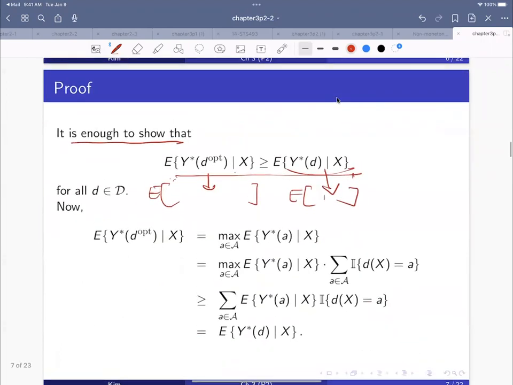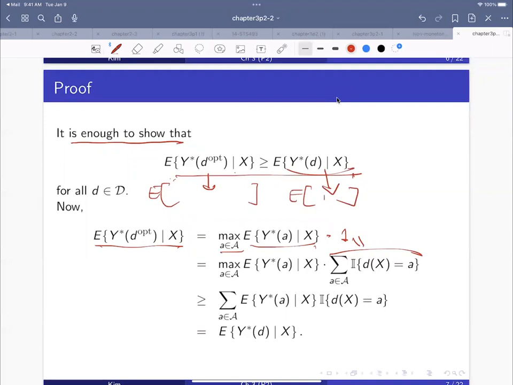Now let's take a look at this one. This is, by definition, a maximum over the Q function. So this is 1. Any decision rule chooses one of the options.